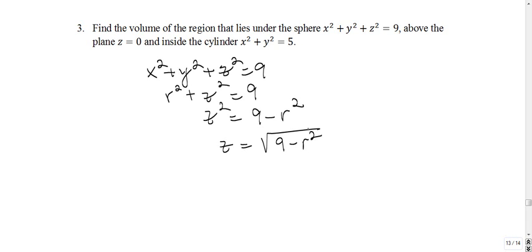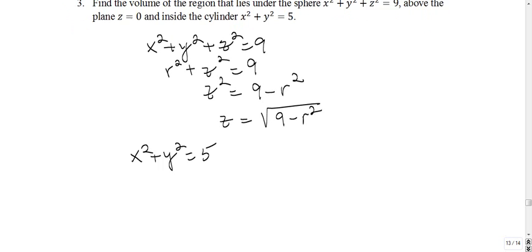Now, how do you find your r and your theta limits? You continue the rest of the question. We have done under the sphere and above the plane. Now, inside the cylinder, x squared plus y squared equals 5. This is going to give you your r limits. So this says that r squared is 5, so r is square root 5.